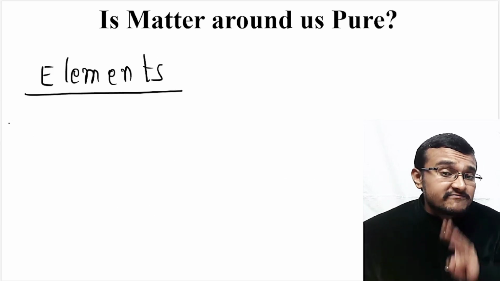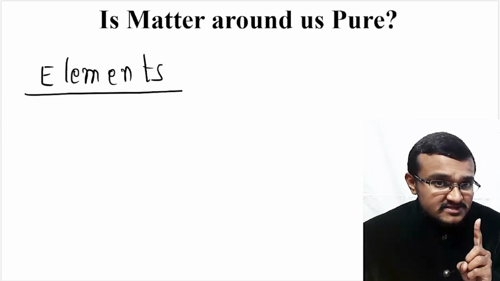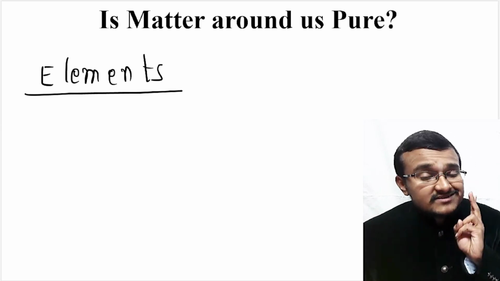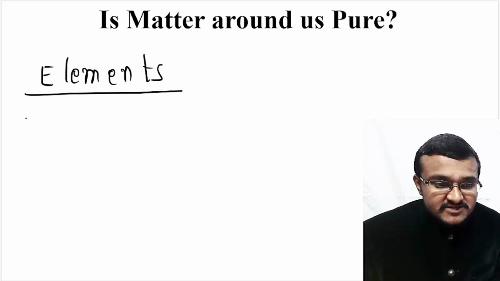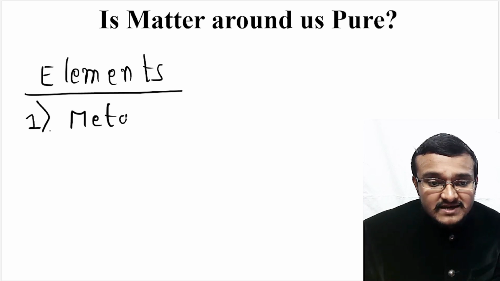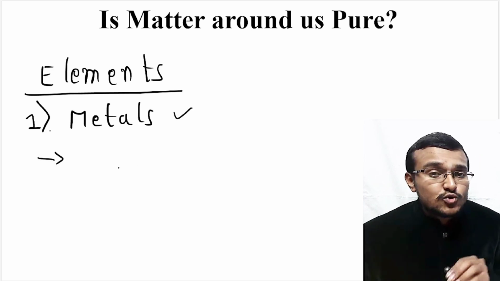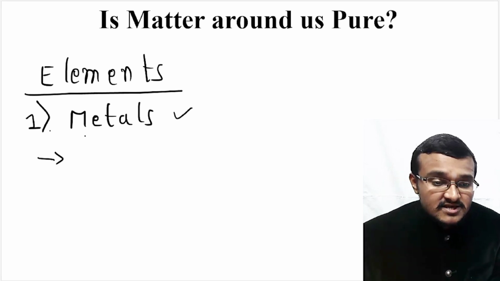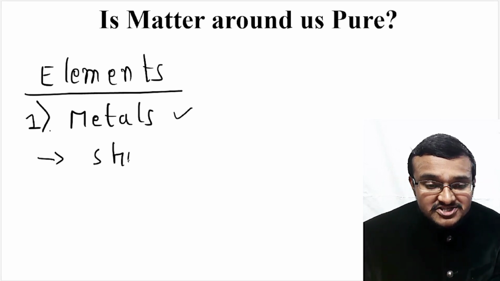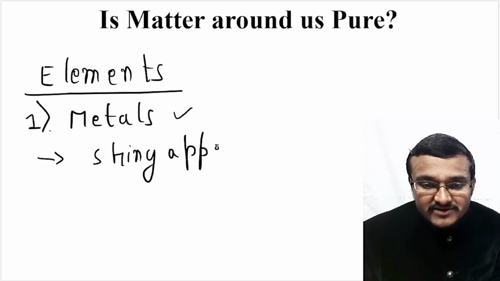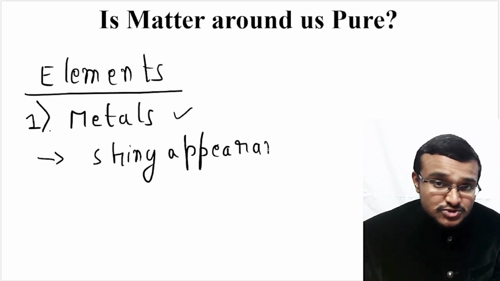So in elements you have three types. One is metals, the other is non-metals, and the third one is metalloids. So first we will look into the first kind of division, that is metals. So to understand what are all metals, we have to look into the properties of metals. So metals have shiny appearance. So this particular metals will always have a shiny appearance to it.